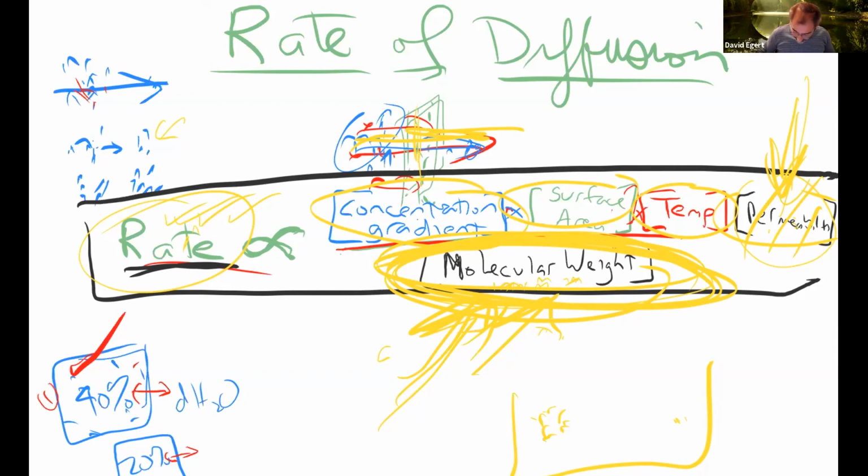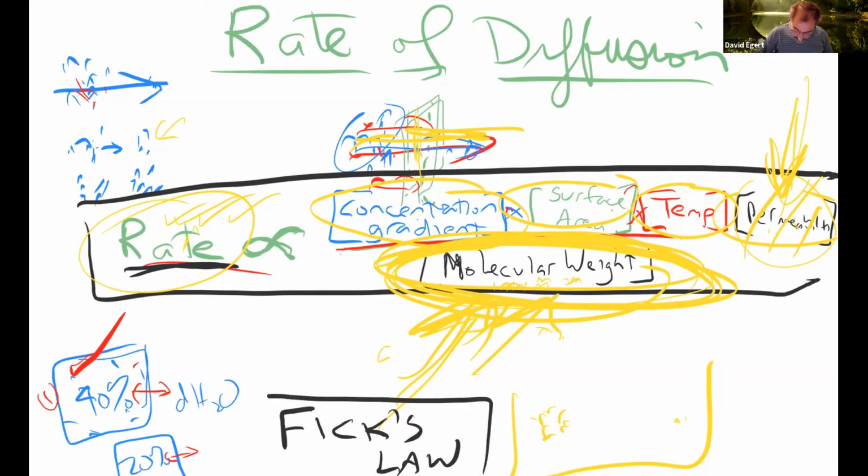This is related. This isn't exactly how you write it, but Fick's law is basically an equation that brings all these in and looks at the rate of diffusion and how it's affected by these things.